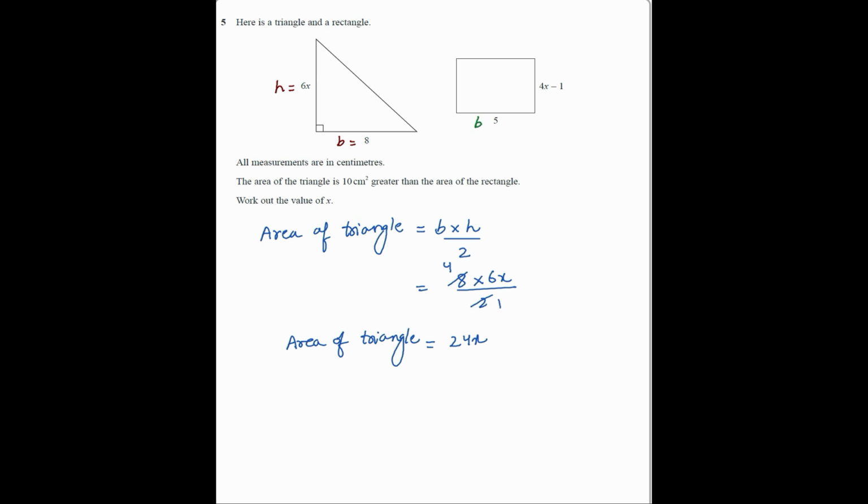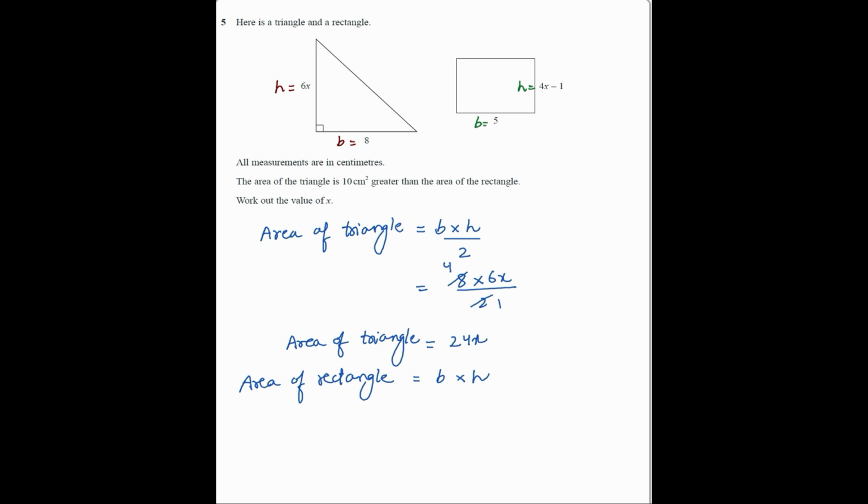So in this one, the area of the rectangle, base is 5 and height is 4x minus 1. As we know, the formula for area of a rectangle is equal to base into height only.